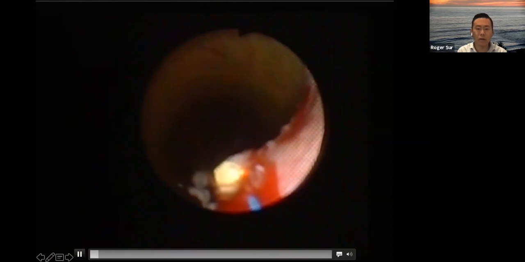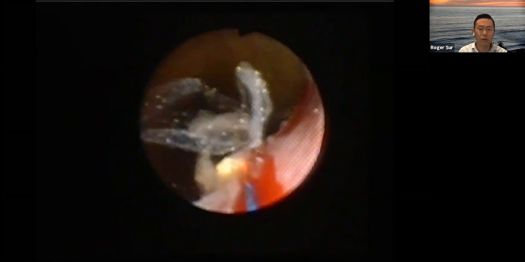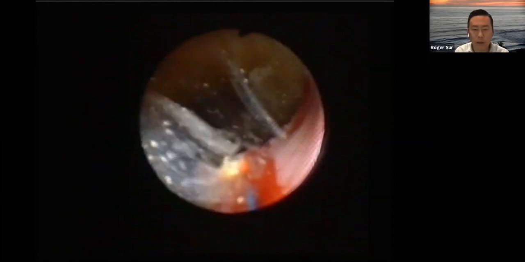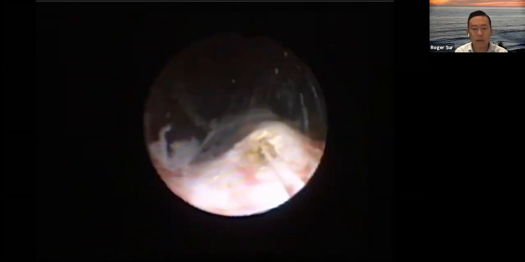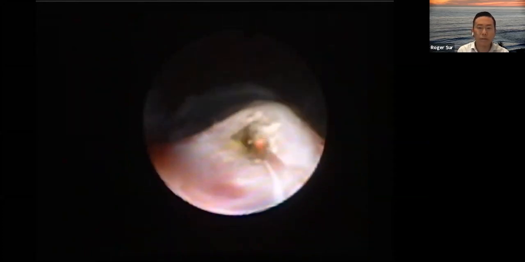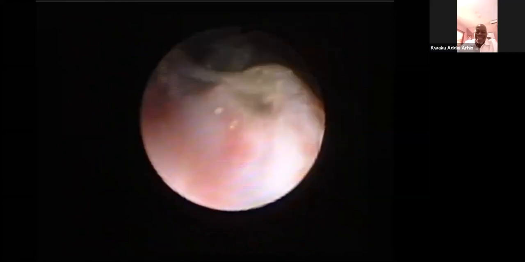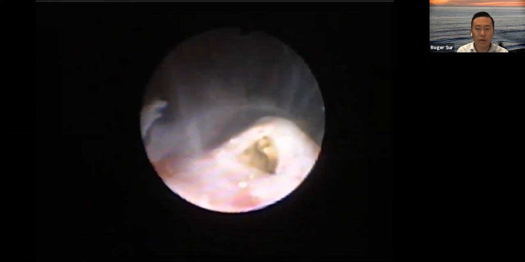So the stone fell down the distal ureter into the bladder. So I broke up the stone with a laser. The dolphin was awake. She was not anesthetized, and she was very upset. Definitely should be. She was in a lot of pain at this point.